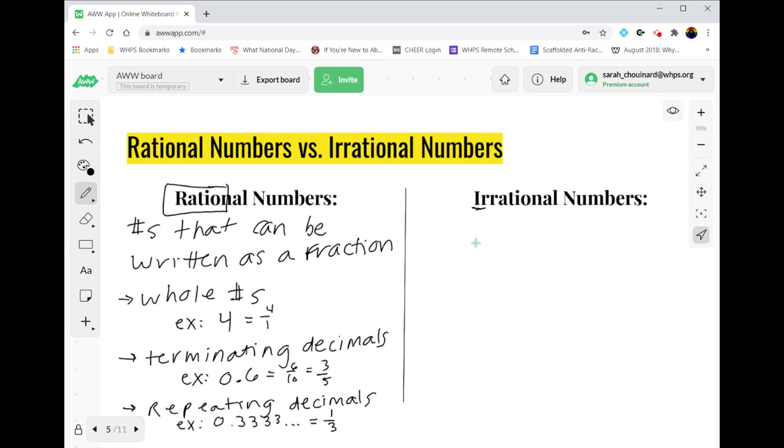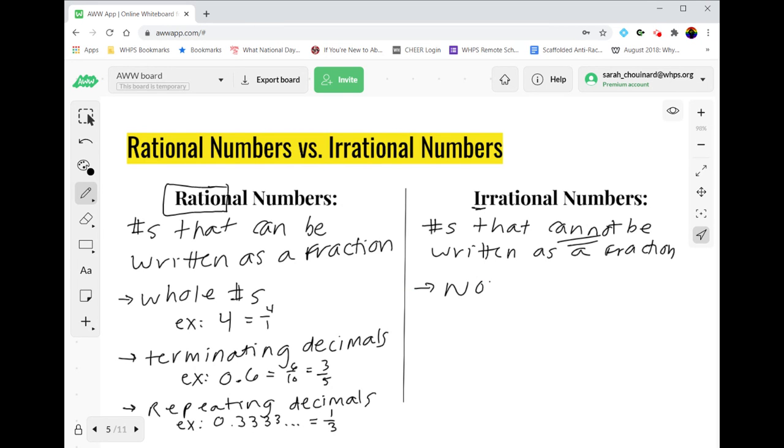And so irrational, the prefix ir means not, like irregular would mean not regular. These are numbers that cannot be written as a fraction. These are any non-terminating, non-repeating decimals.